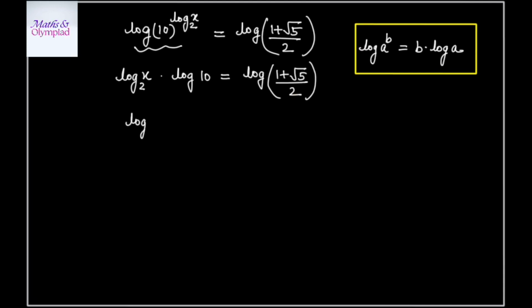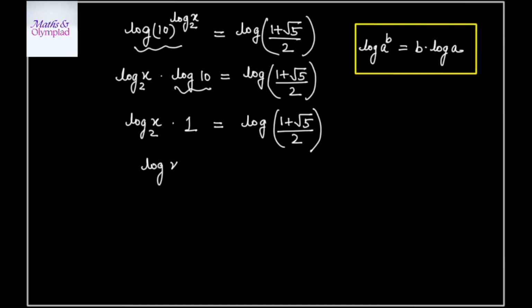So log x to base 2 times log 10, which is 1, equal to log of 1 plus root 5 over 2. So we get log x to base 2 equal to log of 1 plus root 5 over 2.